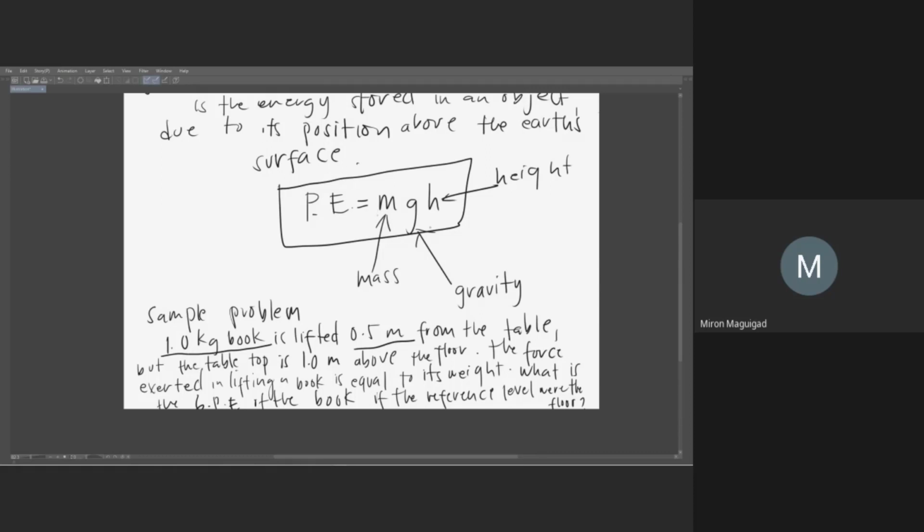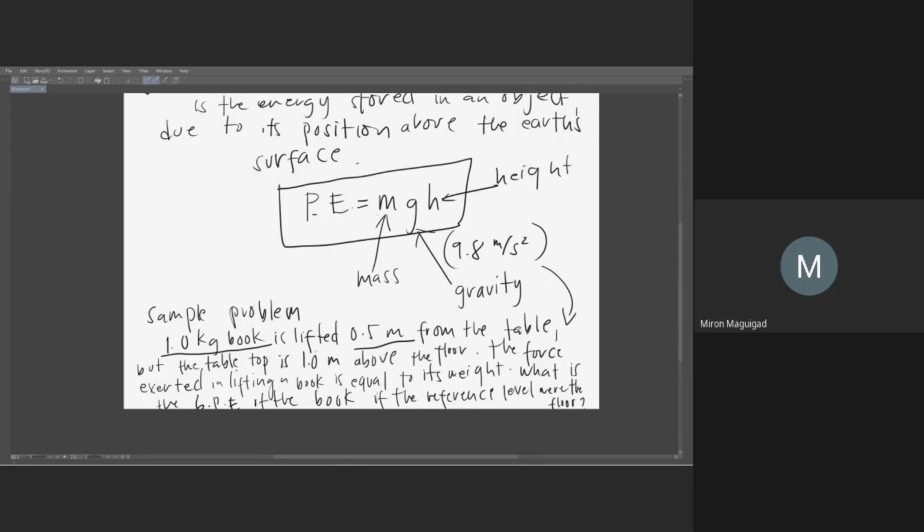The gravity is standard, which is 9.8 meters per second squared. Even if you can't see it in the problem, in any problem, the number is always 9.8 meters per second squared. The height is 1.5 meters.